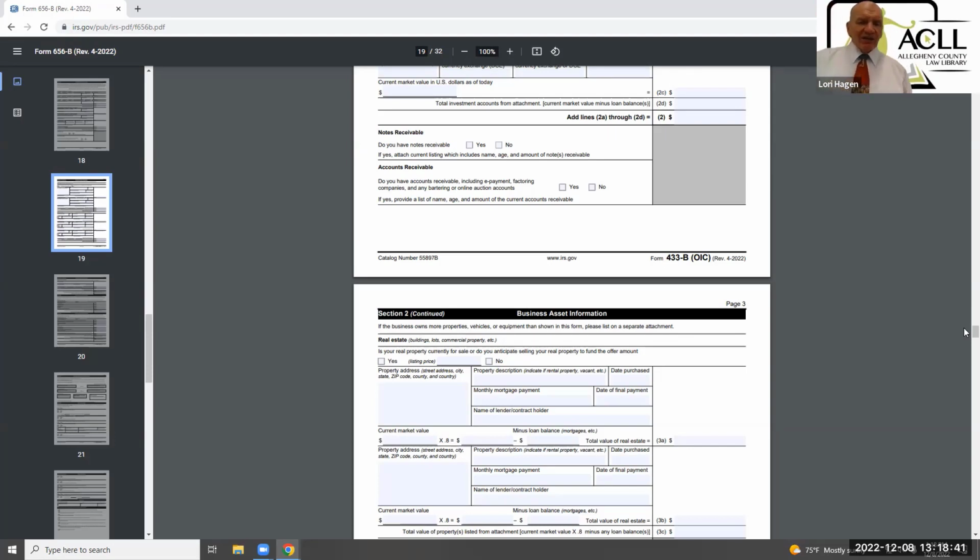And another thing that goes along with that is called portability. In the old days, you had to really maneuver to make sure that if your husband died first, you structured your will in such a fashion that whatever he didn't use for his credit shelter amount went over to the wife's estate. Now with portability, any amount of his credit shelter that he doesn't utilize can be transferred over to her.